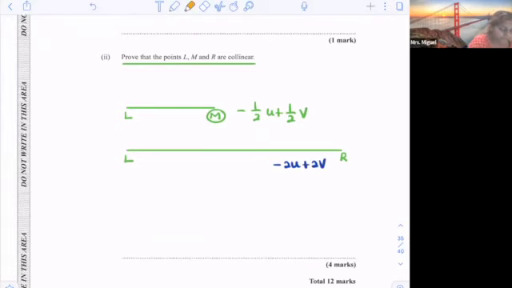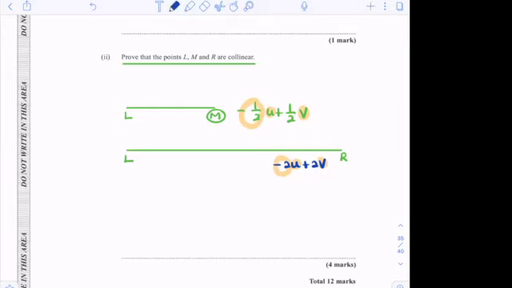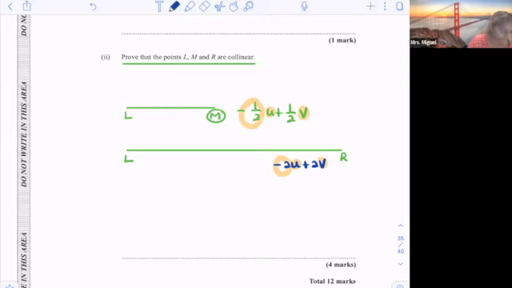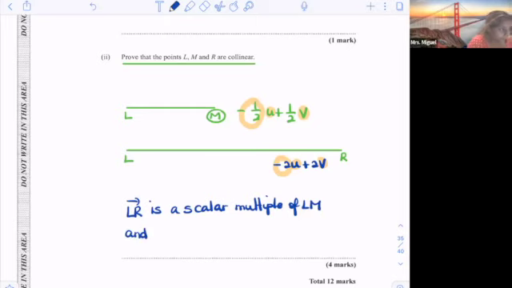You see both vectors have u and they have v, and this one is negative, this one is negative. You can see that? Yes, miss. So here what we have to write: LR is a scalar multiple of LM, and L is a common point.